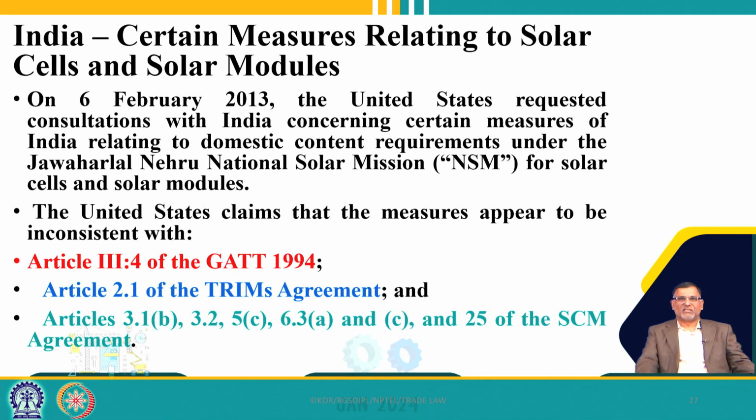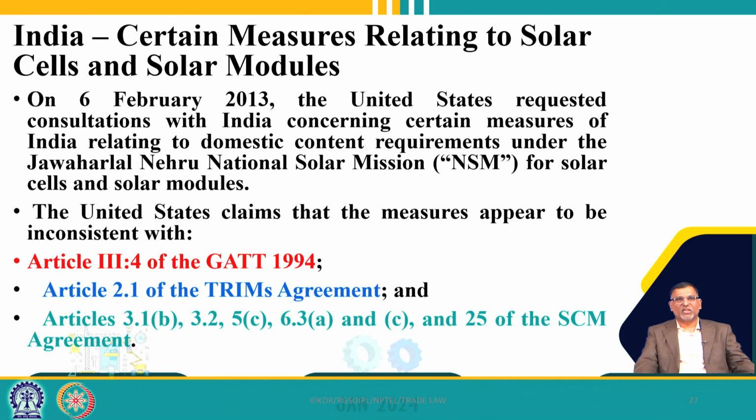The solar case is about a solar program run by the government of India under the name of Jawaharlal Nehru National Solar Mission. Everybody knows that people get some kind of subsidies for availing this particular program. For availing those subsidies, you have to source certain products locally.